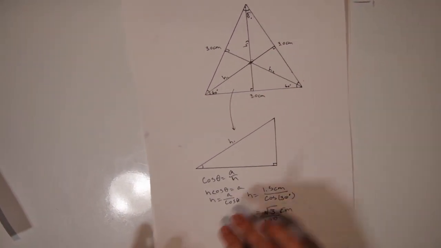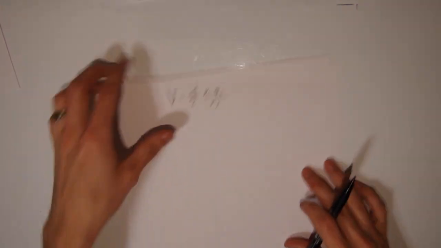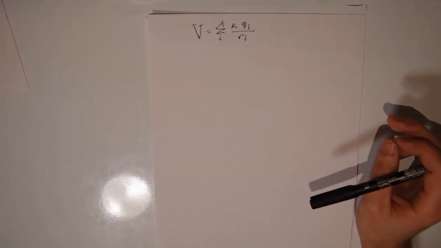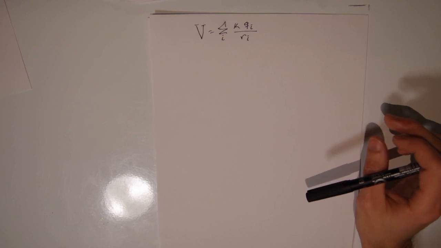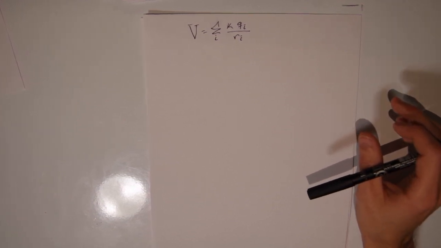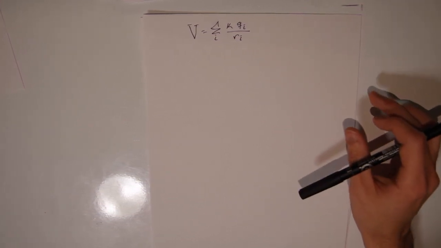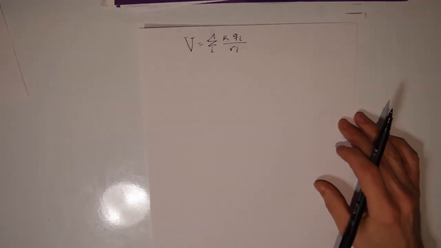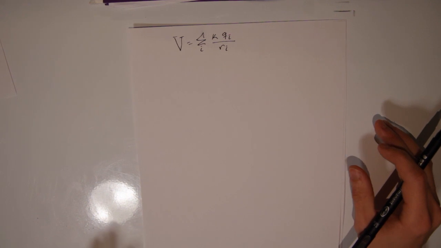Now we can go back and use our equation from the beginning. Once again, the electric potential equals the sum of k Qi over ri. Since we already said that the legs of each of those right triangles are equivalent, we can just call them r. That simplifies our work a little bit.